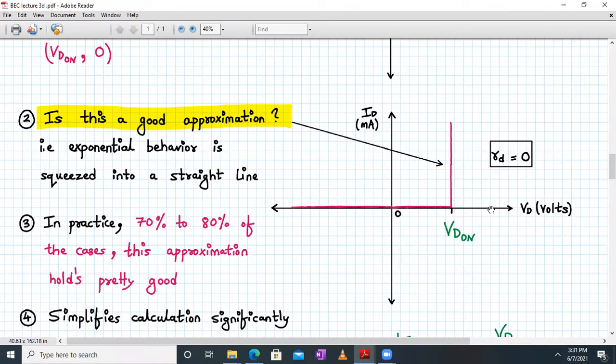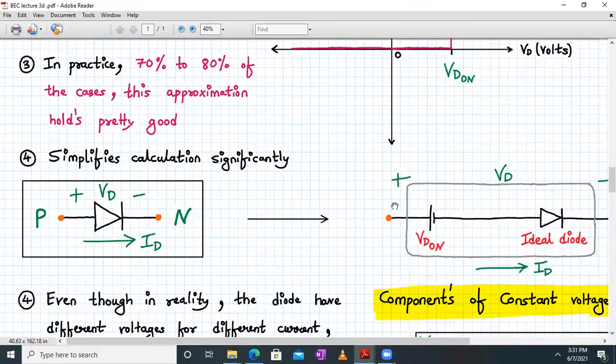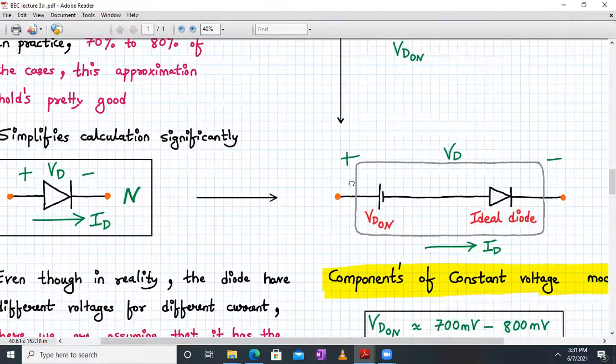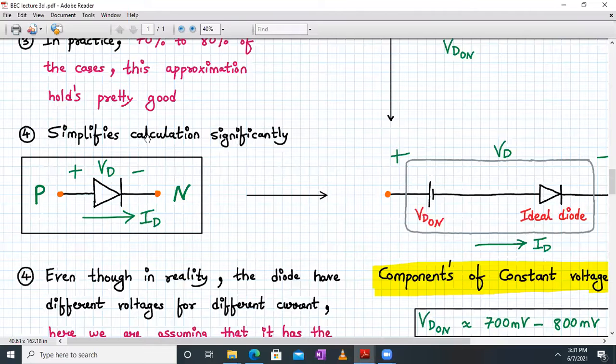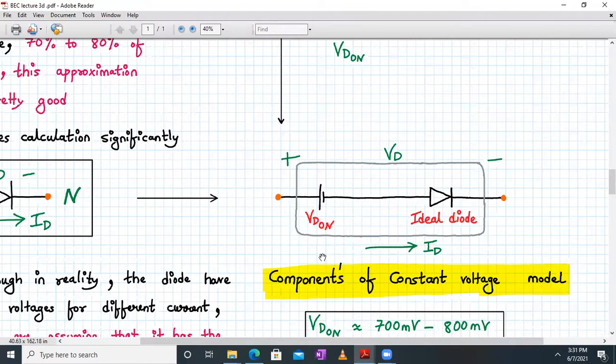Here, whenever the applied voltage VD is greater than VD-on, the diode is on, and whenever the applied voltage VD is less than VD-on, the diode is off. Okay, and the components of the constant voltage model are as follows. Whenever we see a diode in a circuit, we can replace it by its equivalent model like this.